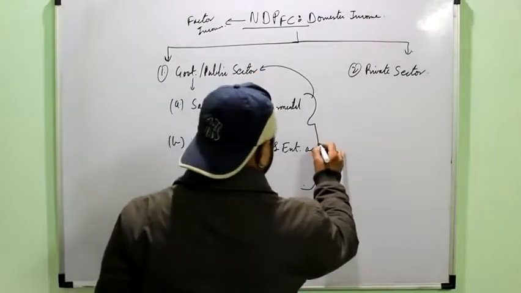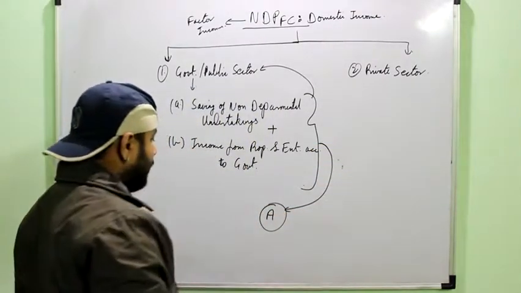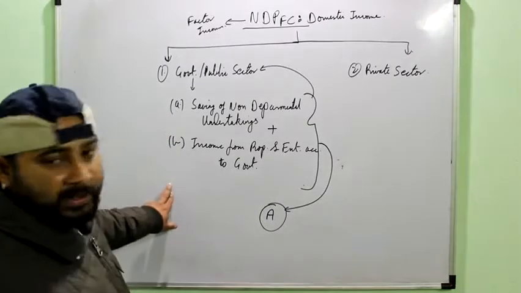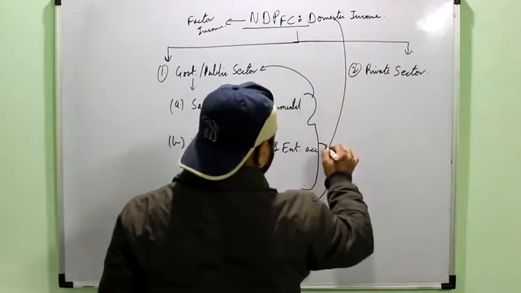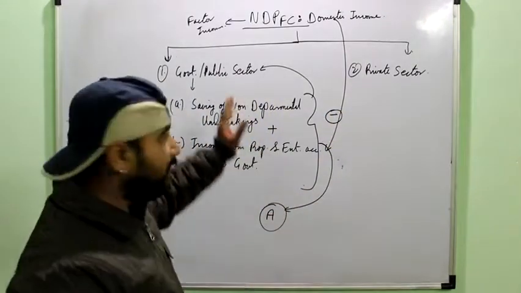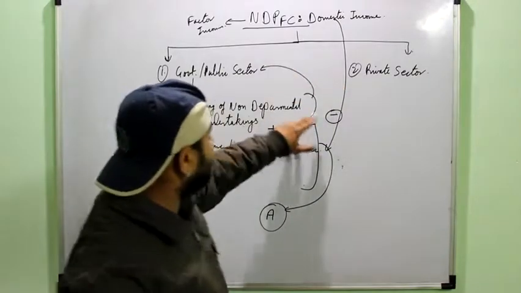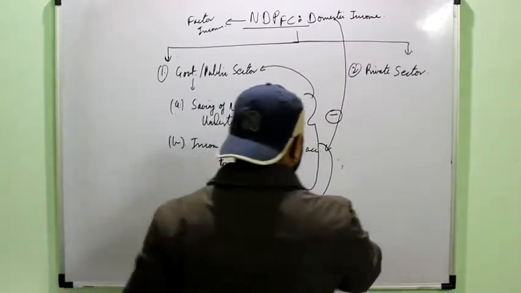Now suppose I name this as A. Remember, capital A is the total income earned by the government. Now just see, if from the domestic income I subtract A, it means from the total income of the economy I have subtracted the income of the government sector. So what would I get?